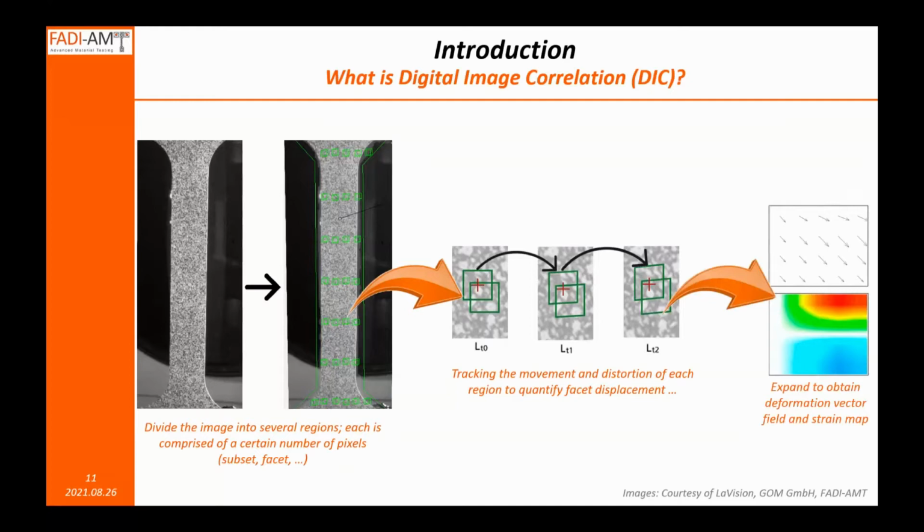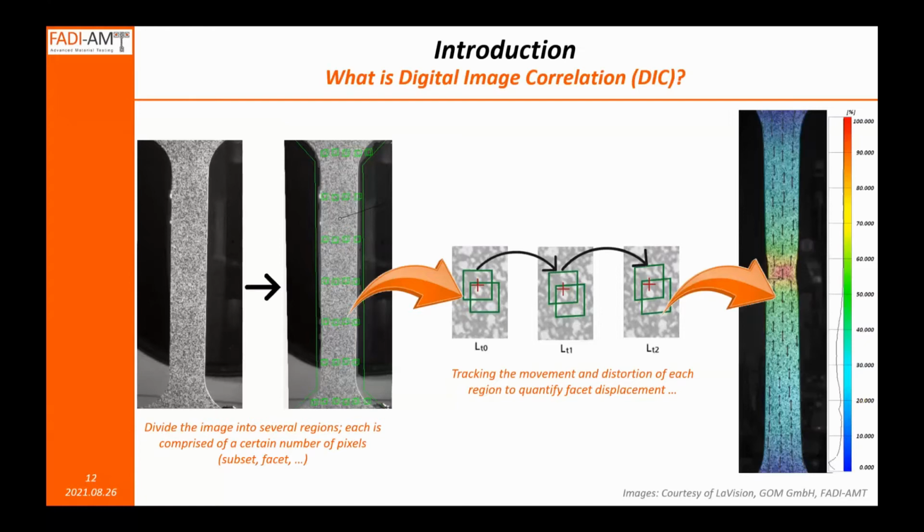And by gathering all this information for all those points, we now have a full deformation vector field that can be converted to other engineering quantities. Of most interest to us in material testing, of course, is strain.